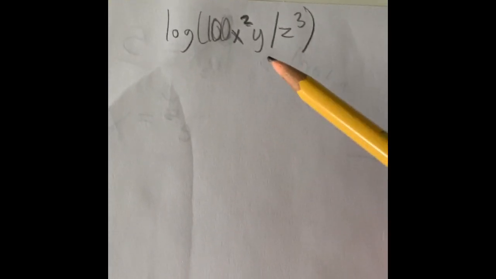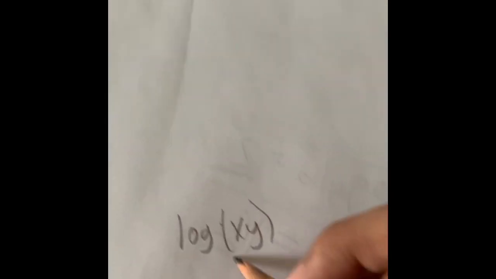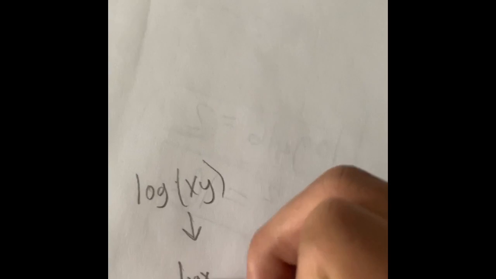This is on expanding logs. Expanding logs is basically splitting this into a bunch of logs, because right now it's a condensed log, as you can see. One thing I wanted to clear up: if there are exponents and other things in logs, whether multiplied by each other, like say you have log of xy, this would become log x plus log y.